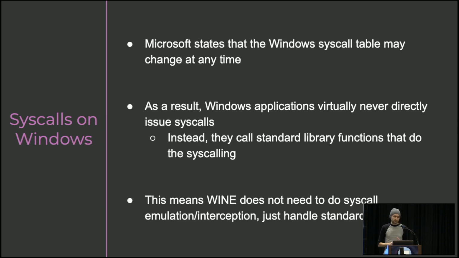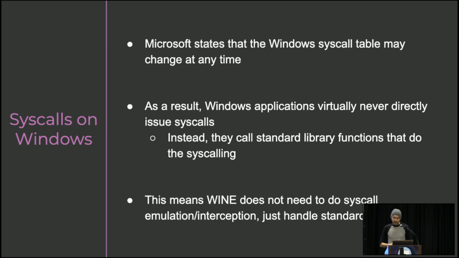The story is a bit different on Windows. Microsoft states that the Windows syscall table may change at any time. And in fact, between major releases of Windows, it does change in ways that break backwards compatibility very often. As a result, Windows applications virtually never issue direct syscalls because it's just not reliable. Instead, they call a standard library function, and that function does the syscalling for you.